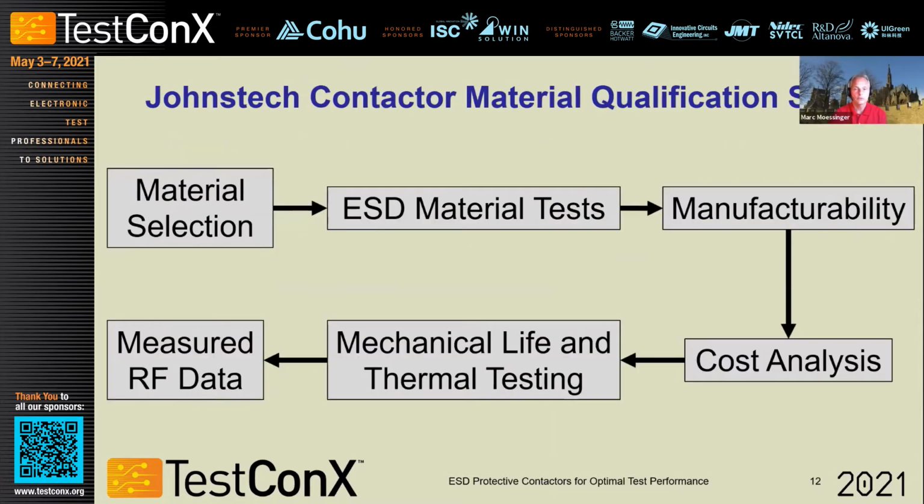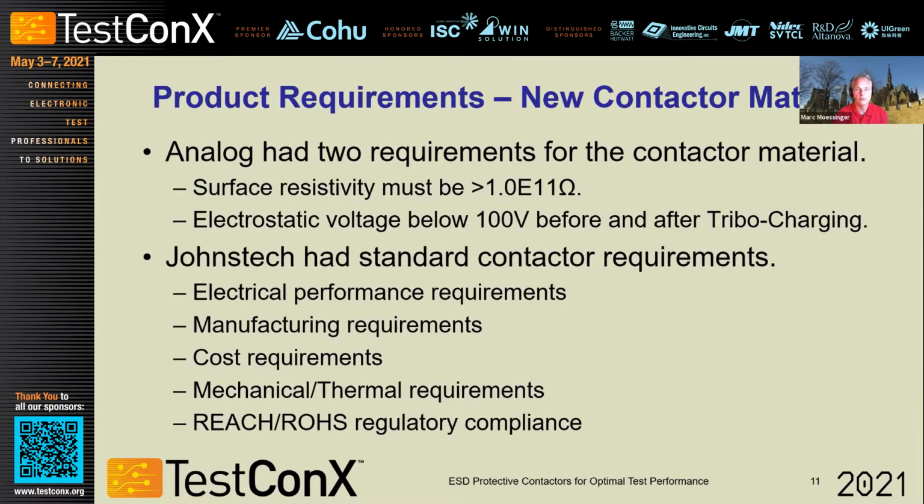David, quick question. When you say 100 volts after tribocharging, how do you actually measure that? Because from my physics course, I remember you need a cat and a sheet of fleece or something, or how do you do this? Oh, for their tribocharging procedure? Yeah. Yeah, so I'll talk a little bit more about that.